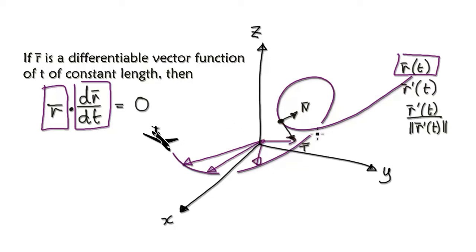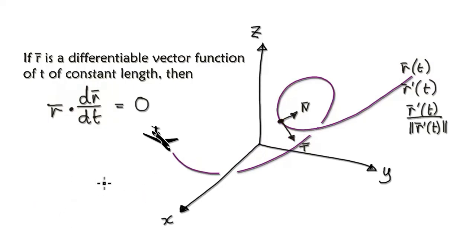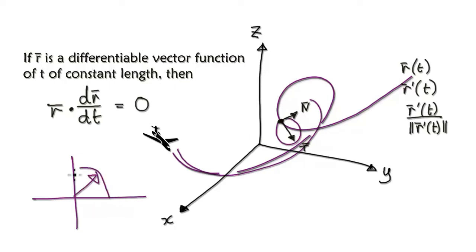But when you're trying to understand why the derivative of the unit tangent is orthogonal, you've got to think, well, as the plane is moving about, the unit tangent, so this is a circle, the unit tangent is always of length 1.